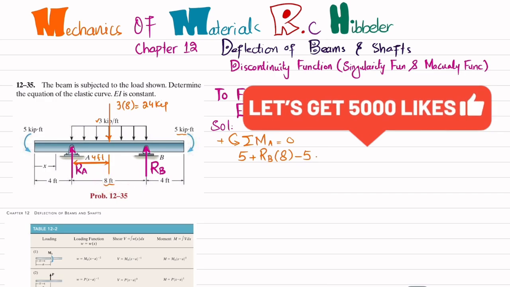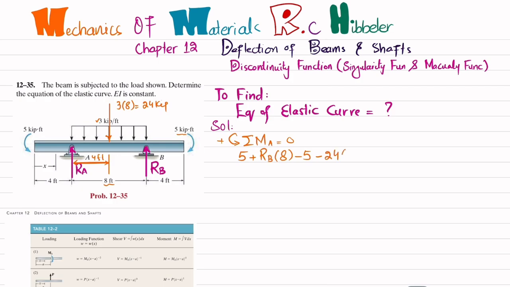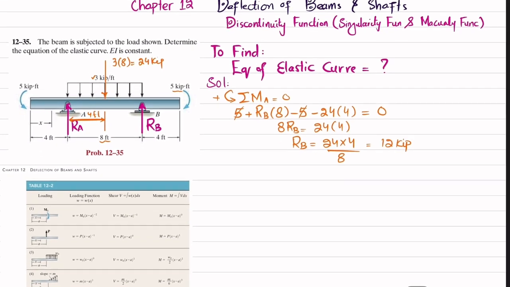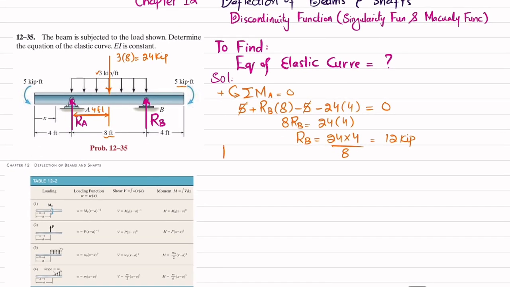So I will write minus 24 into 4, and their sum must be equal to 0. So this 5 will cancel with this. So we have 8 RB is equal to 24 multiplied by 4. So RB is equal to 24 multiplied by 4 divided by 8. So we will get 12 kips. So RB is equal to 12 kips.